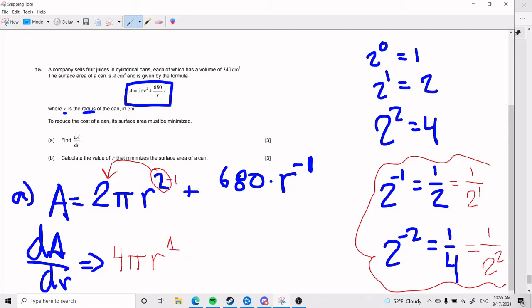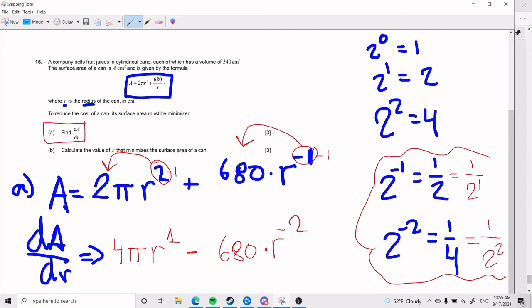We have this subtracted from 680, because this times negative 1 multiplies the 680, and the exponent gets a minus 1 as well, so we have negative 2 up here. So this is part A, the derivative dA over dr.